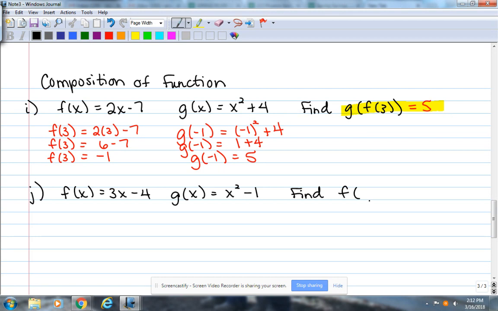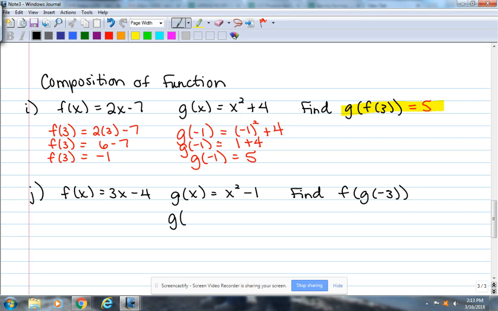This is backwards. They want us to find f of g of negative 3. So I told you to work from the inside out. So what are we going to do first, do you think? Right, so I'm going to use function g, which is this function, and I'm going to plug in negative 3 for all my x's. Okay?